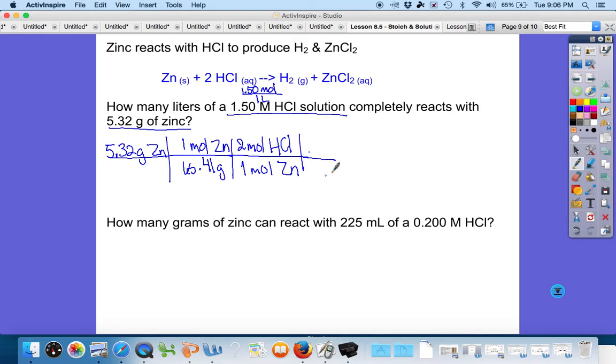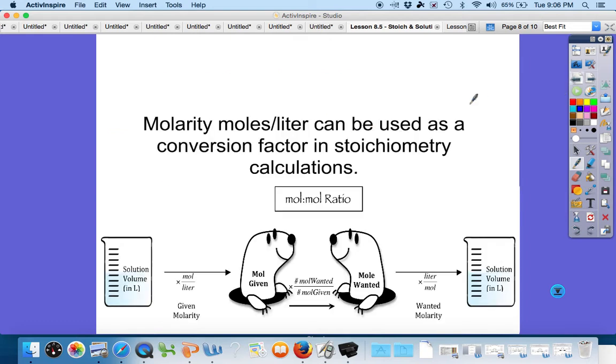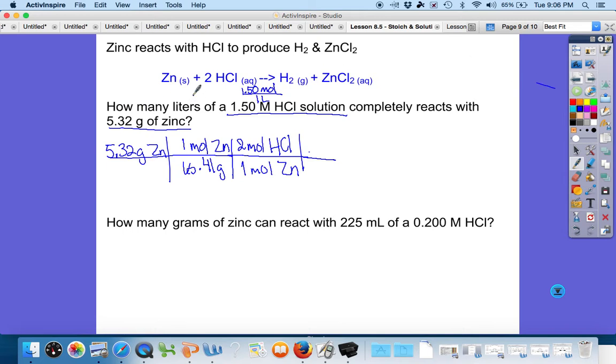And then this is where our molarity is going to come into play. We finished our mole to mole ratio. Now we're going to use liters over mole to find the volume, in liters, of our hydrochloric acid solution. So 1 liter is equal to 1.5 moles of hydrochloric acid.